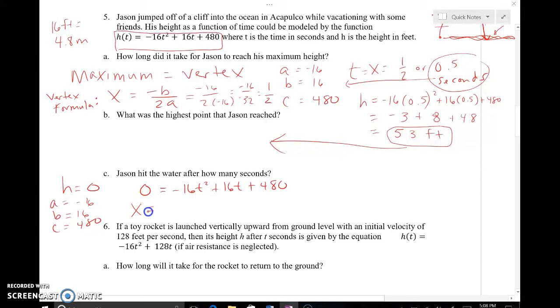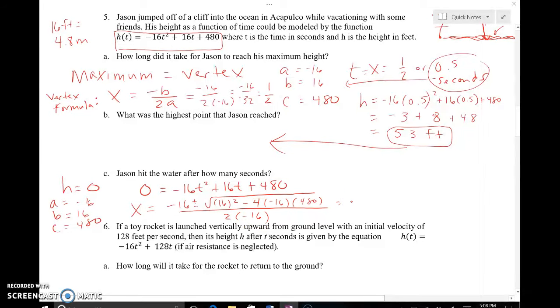So my x values will be the opposite of b, so the opposite of 16 is negative 16, plus or minus the square root of b squared, so 16 squared, minus 4 times the a value, negative 16, times c, 480, all over 2 times the a value, negative 16.